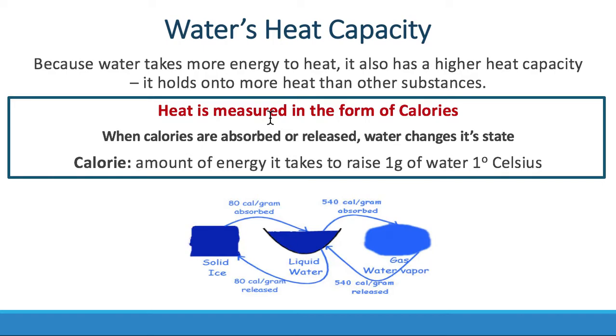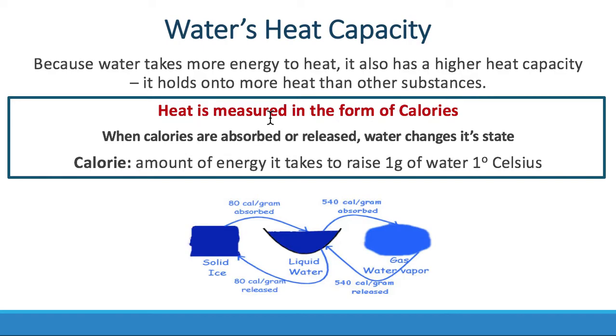For example, with solid ice, if we expose it to 80 calories per gram of water, it absorbs that heat and is able to change into a liquid state. We can also release that heat. So we can release that 80 calories per gram and go from a liquid state back to a solid state.